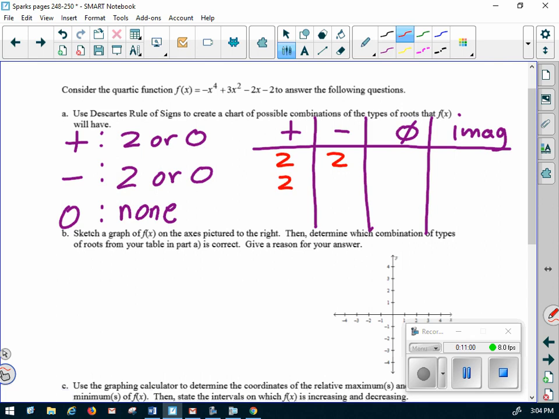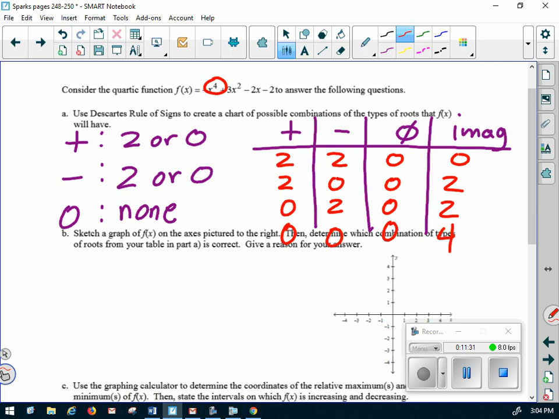I could have 2 positives and no negatives. I could have no positives and 2 negatives, or I could have no positives and no negatives. 0 is not a root ever. The degree is 4, so I know I have 4 solutions. Top row would mean no imaginaries. Second row would be 2 imaginaries. Third row would be 2 imaginaries, and the fourth row, they'd all be imaginary.